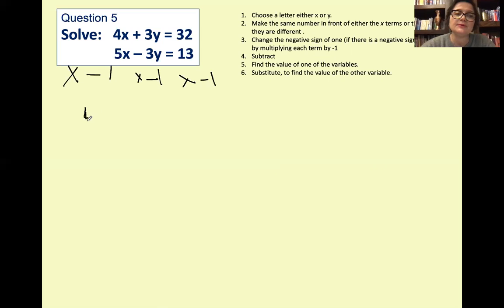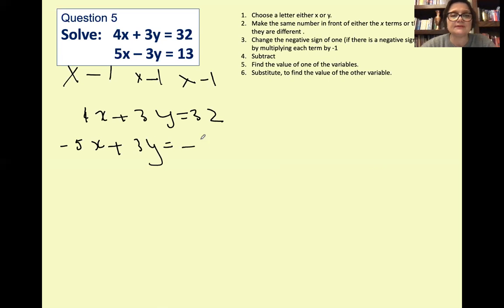Let's rewrite them both. So 4x plus 3y equals 32. So this one becomes minus 5x, all right? Now minus 1 times minus 3 becomes plus 3y equals minus 13. Can you see now? If I take away both of them, then I can get rid of 3y's easily because I'm subtracting.